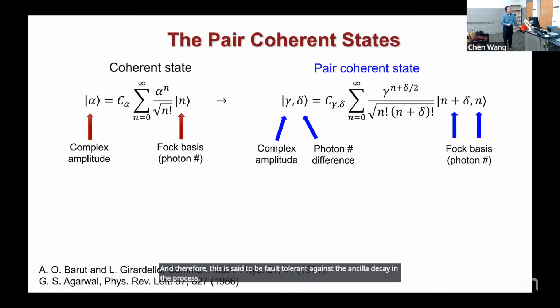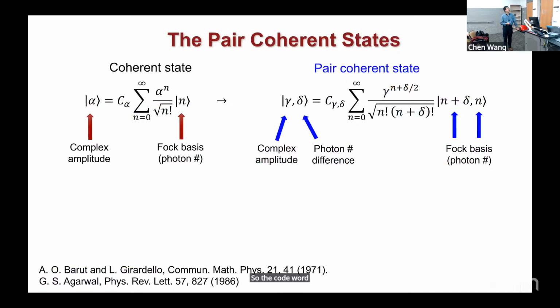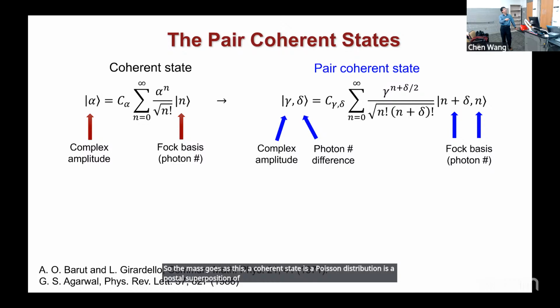So the code word for this code is the pair coherent state, or the pair CAT state. The math goes as this: a coherent state is a Poisson superposition of Fock states.